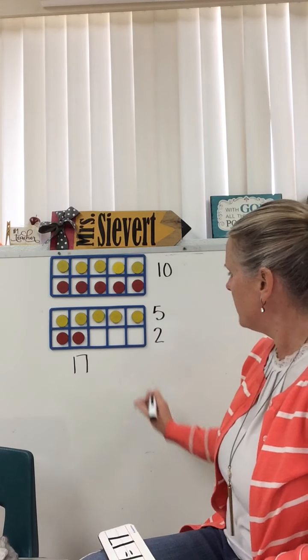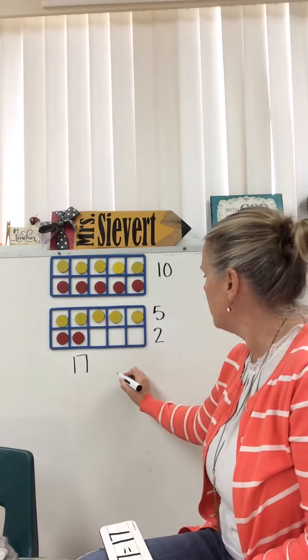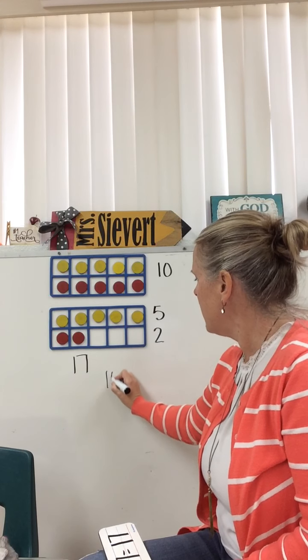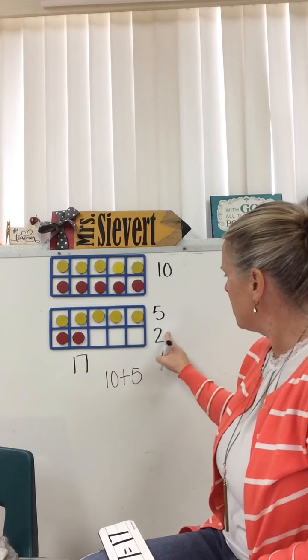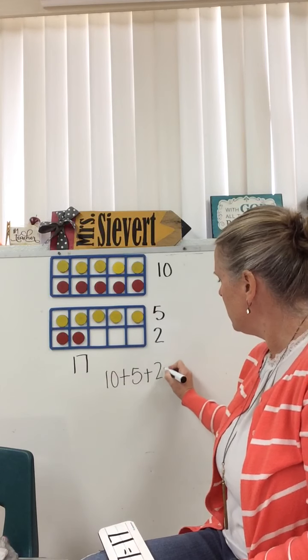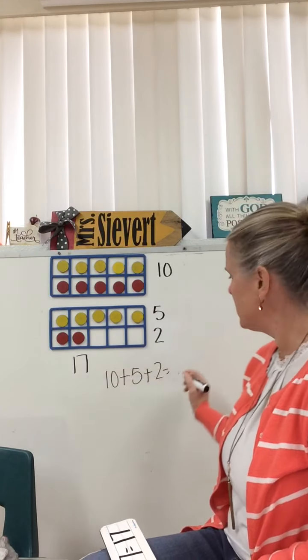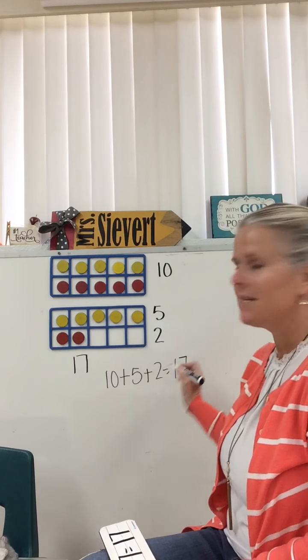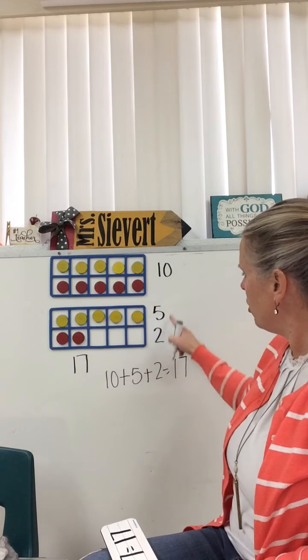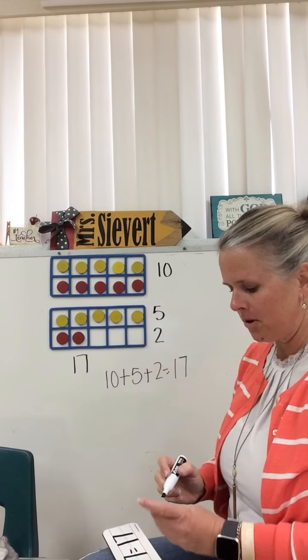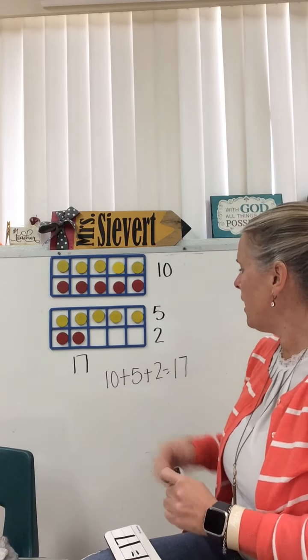I would go 10 plus my 5 plus my 2 equals my 17. Good job. That was awesome. I took all those 3 numbers and turned it into a math problem.